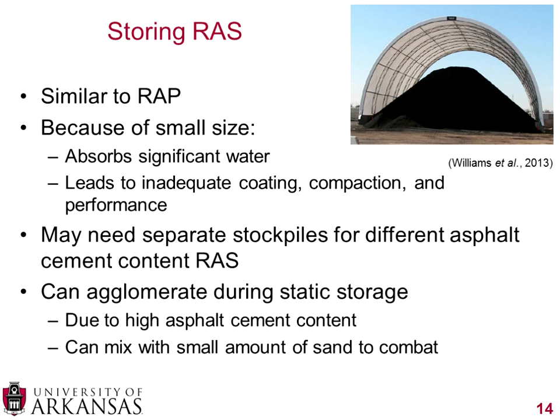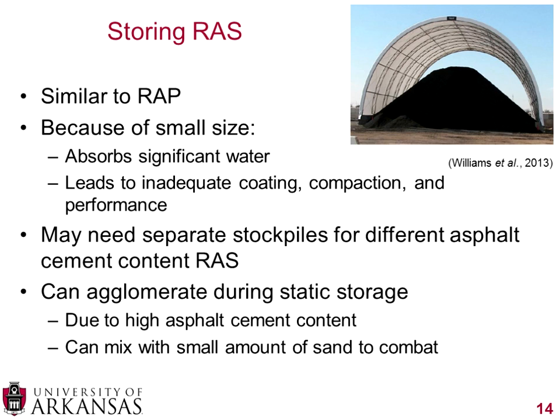A special concern of RAS is that it can agglomerate during static storage. Agglomerate essentially means it starts to reclump together. You can see a very nice stockpile of RAS in the upper right-hand corner, but especially down toward the bottom where there's a lot more pressure, it can start reforming into larger particles.